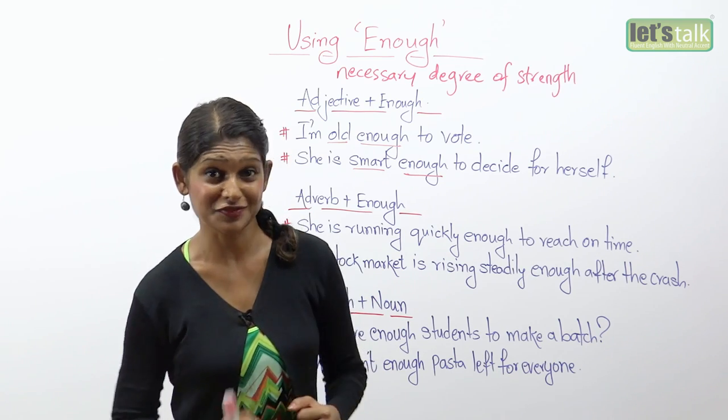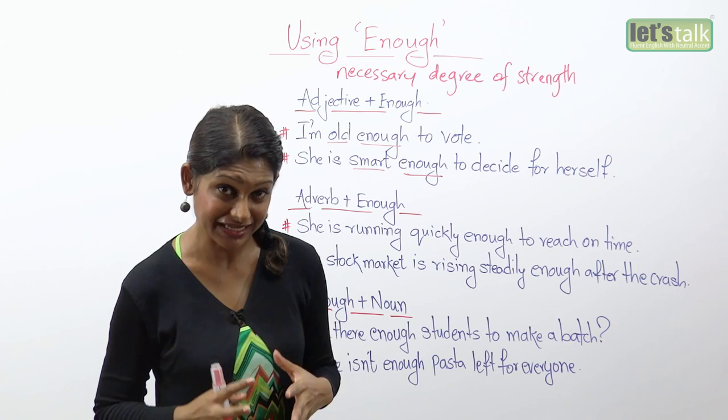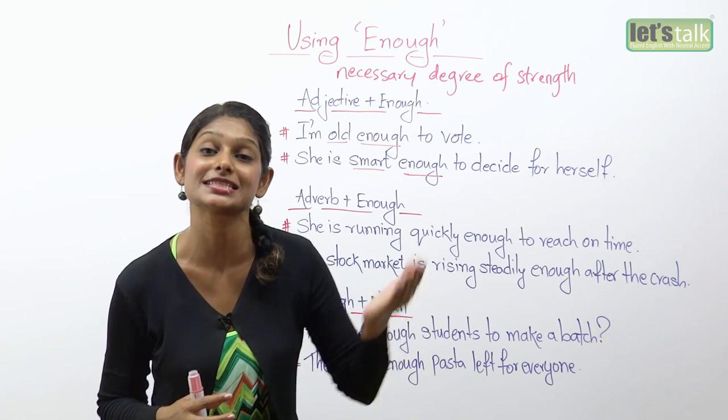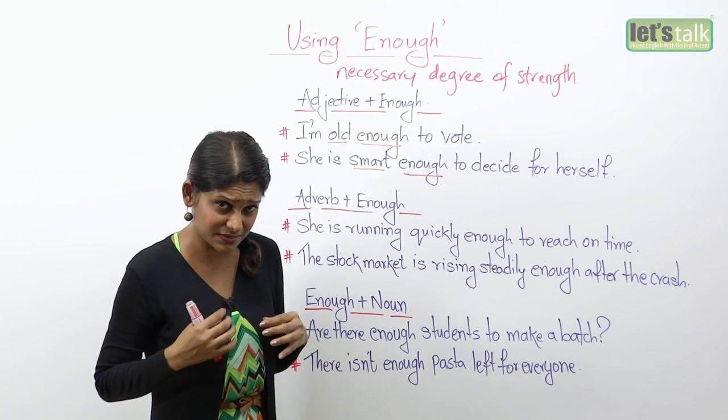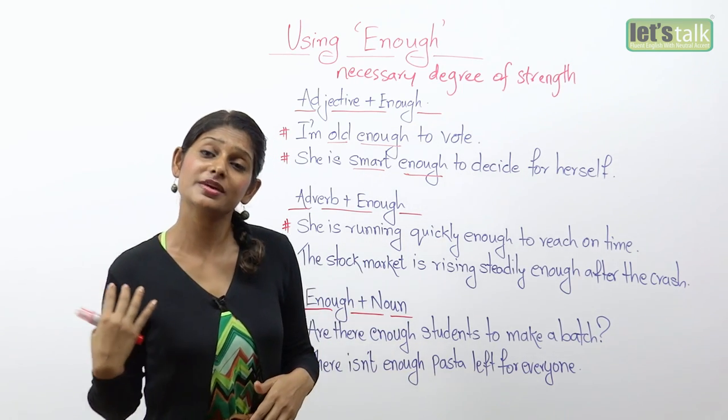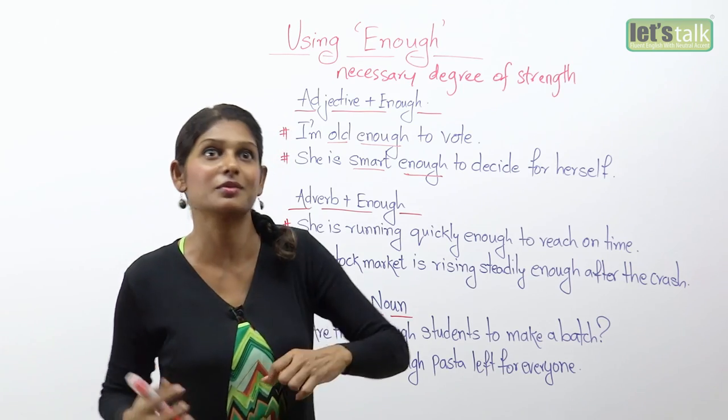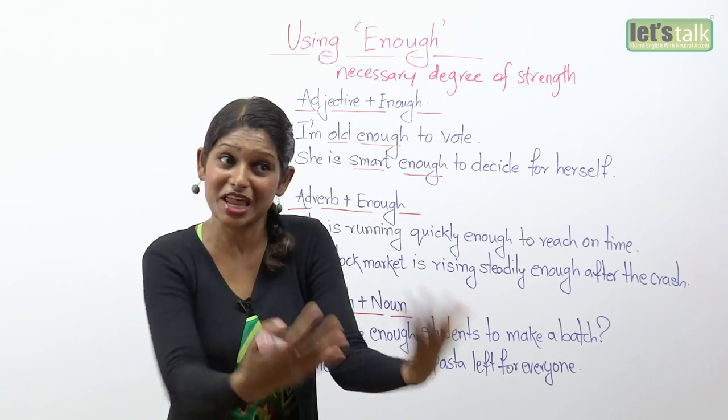Maybe she's running after the bus, to catch the bus quickly enough, okay, so that she can reach her destination on time. Now, if she's running at a slower pace, would she be able to reach the bus, or probably hang on to the bus or catch the train?